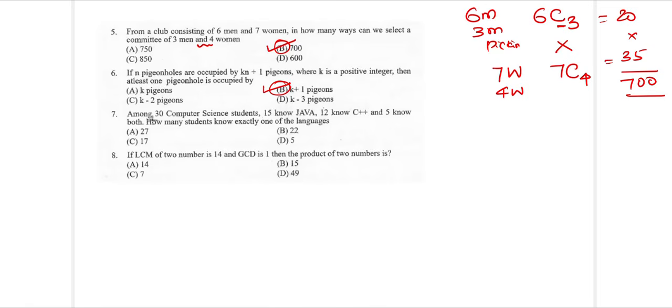Next comes: among 30 computer science students, 15 of them know Java, 12 of them know C++, and 5 know both. You need to find how many students know exactly only one of these languages. From the Java group of 15, remove the 5 who know both.